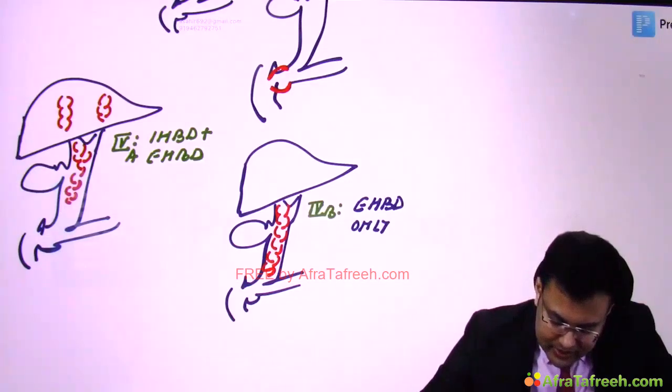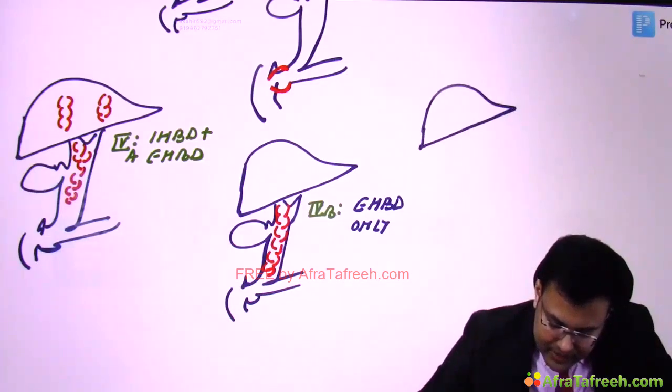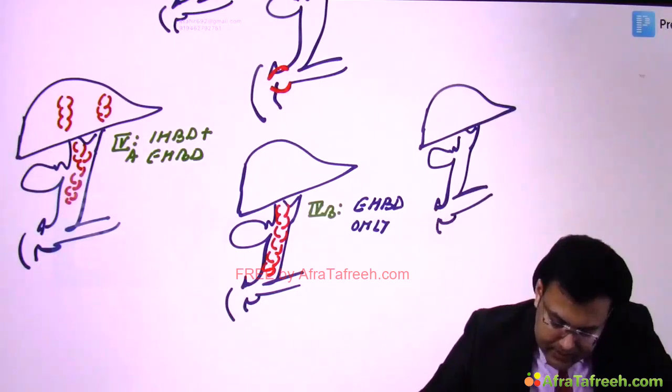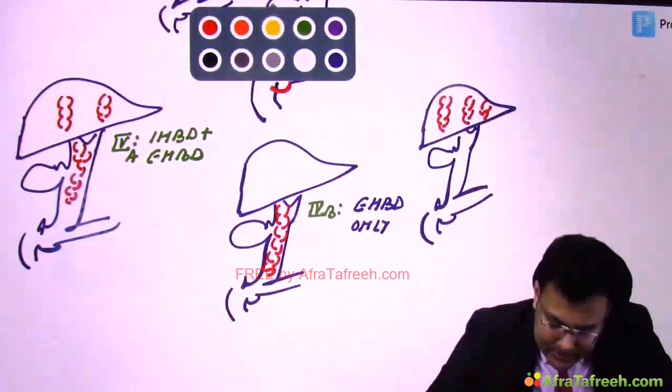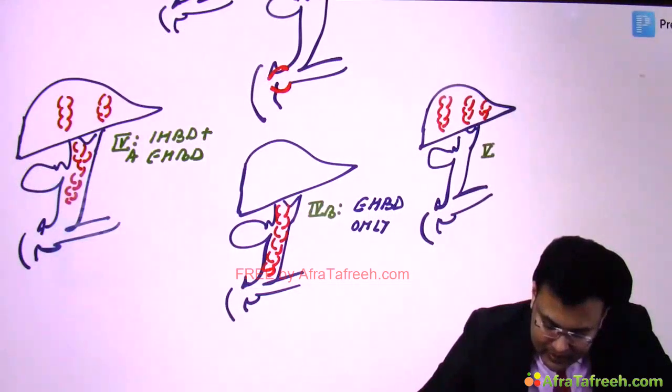So see, this is the diagram, and in type 5 there are multiple cysts involving only the intrahepatic bile duct. Clear? And this is also known as Caroli's disease.